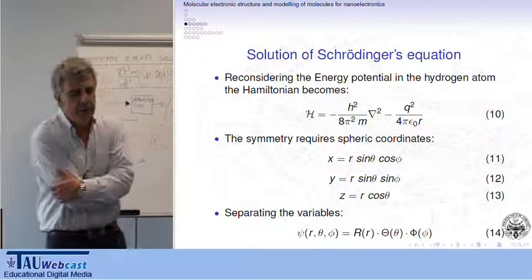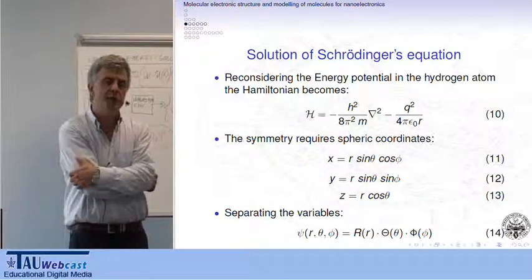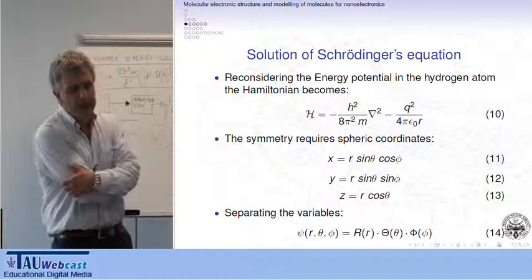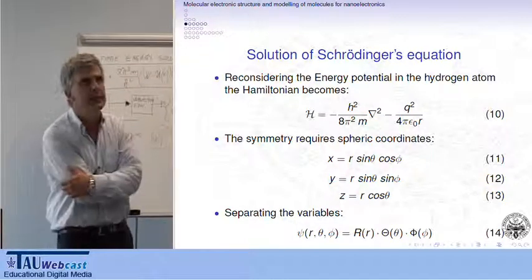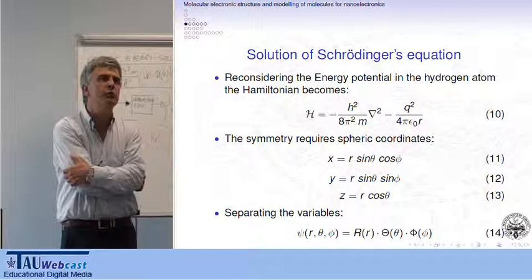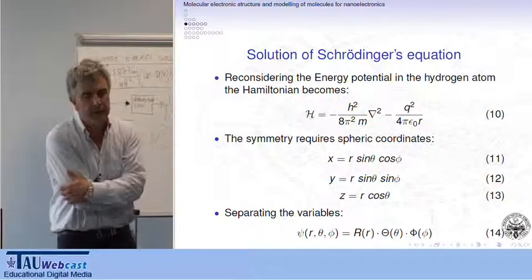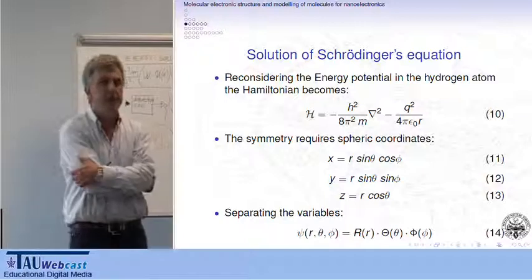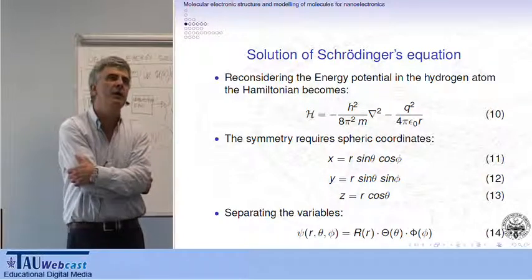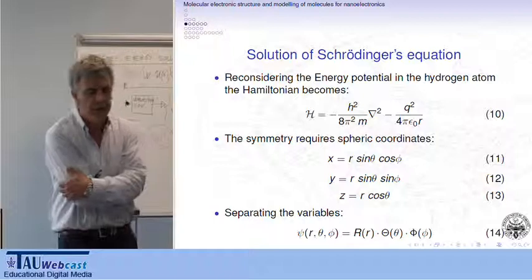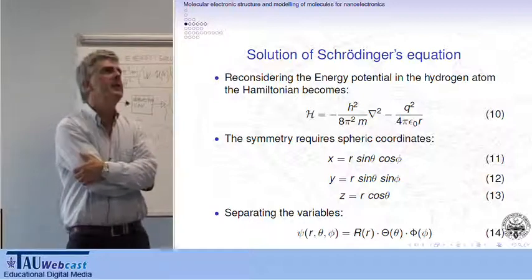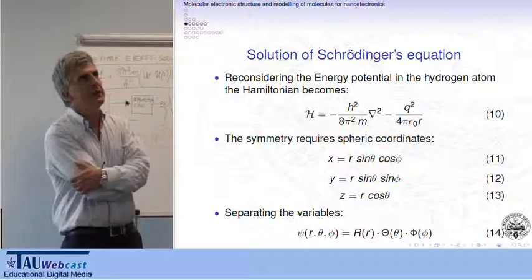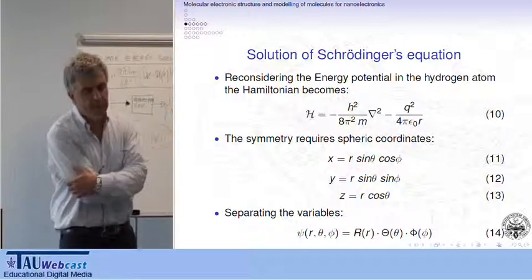So the effort required to solve the Schrödinger equation and to find the atomic orbitals is the first step to define a basis set and to estimate in a good way the molecular orbitals in more complex structures. So this first step requires the solution of the Schrödinger equation for this case.